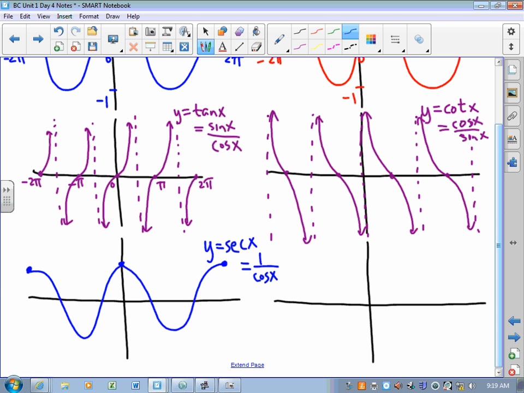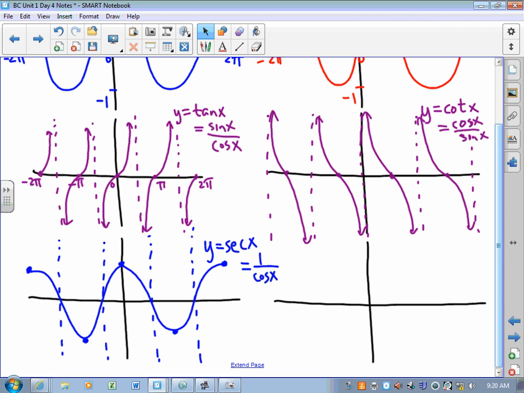And everywhere the cosine graph is -1, the secant graph is also -1. And everywhere the cosine graph is 0, the secant graph will be undefined.